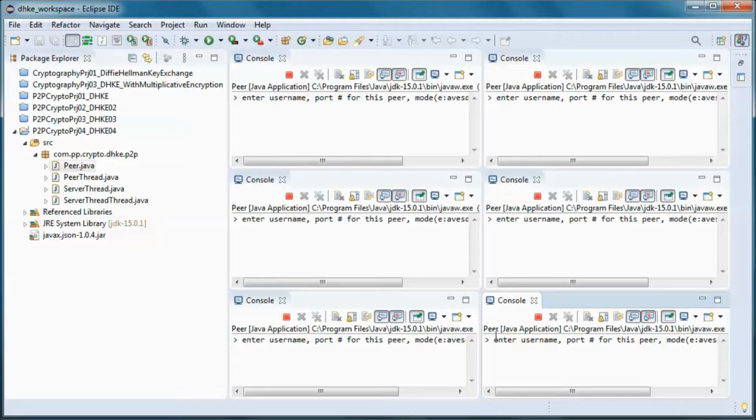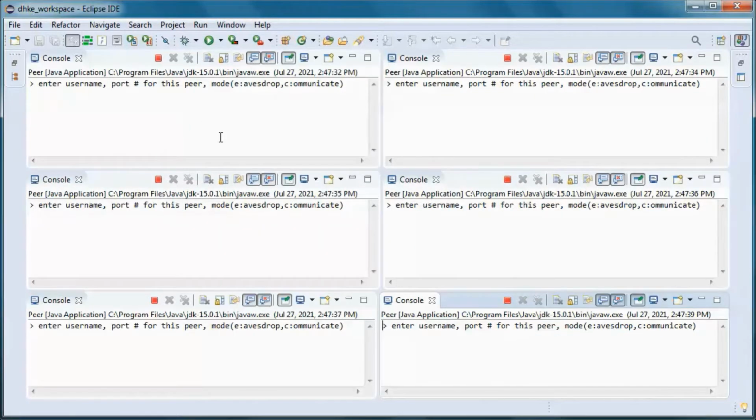Examples of deterministic encryption algorithms include RSA without encryption padding.